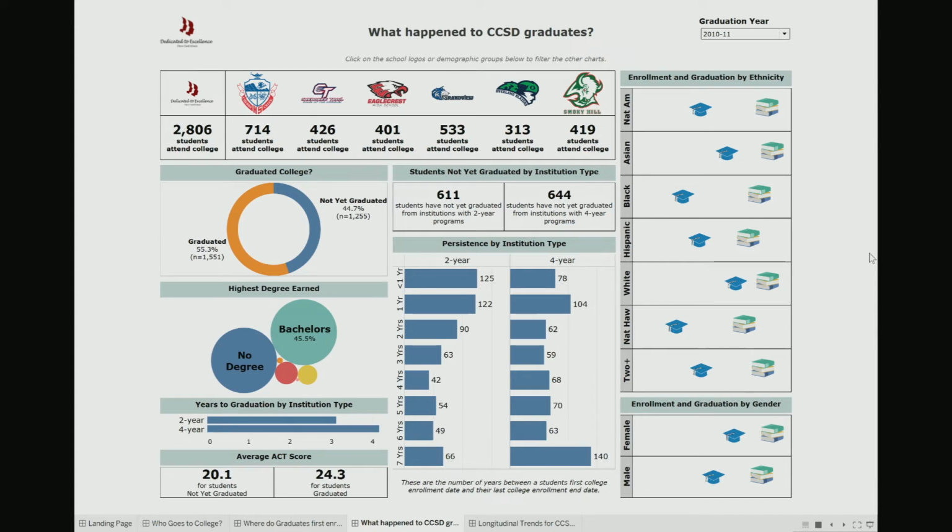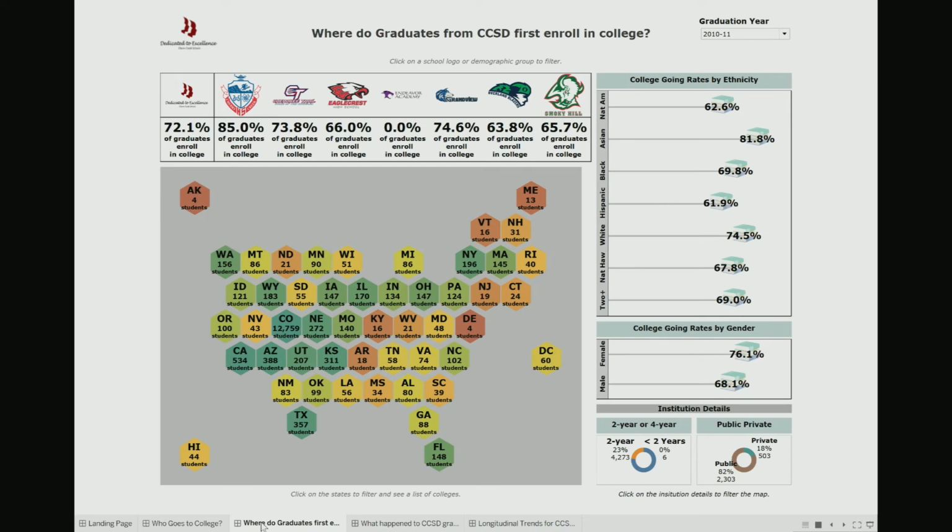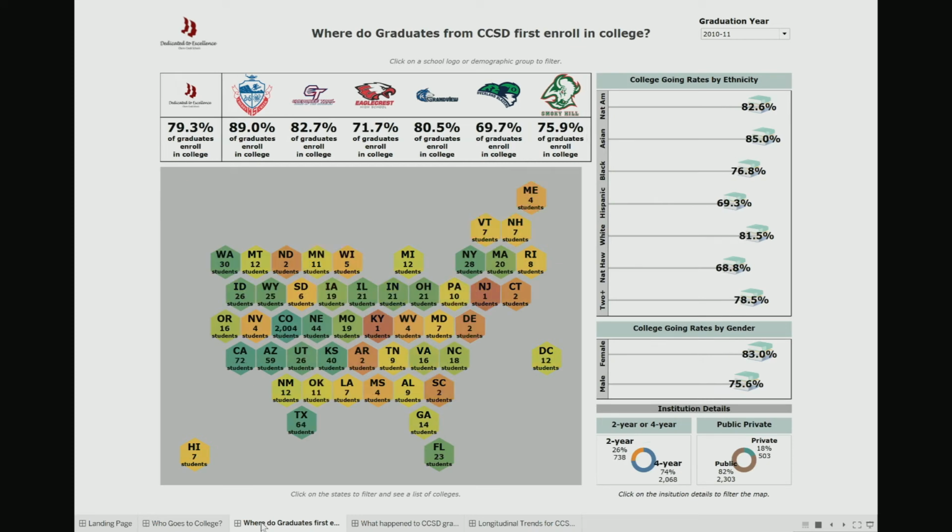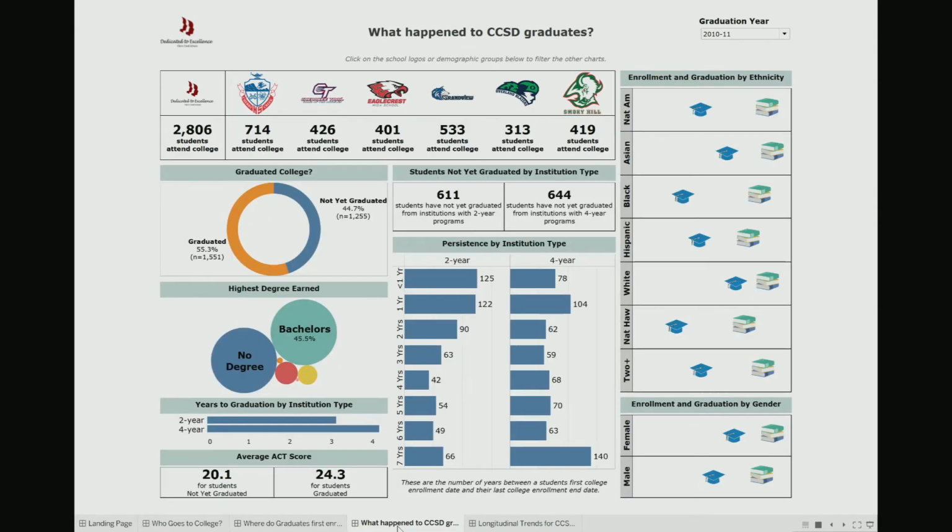Black. Right. So going back to this, it wasn't our Black or African American students that had the lowest college going rate, but they have the biggest gap. So there really is a question: is it enrollment in college, or is it persistence, or is it actually graduating from a college?